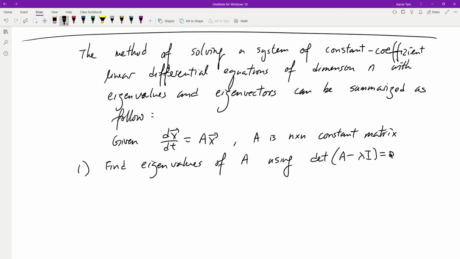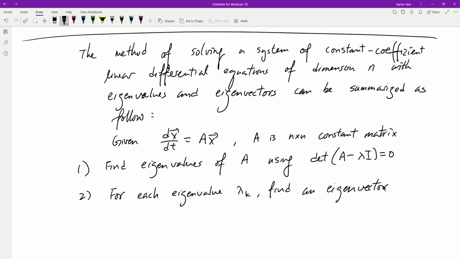So that's a typical process to find eigenvalues that you learn in chapter 3. Number 2, for each eigenvalue, let's say lambda k, find the corresponding eigenvector.